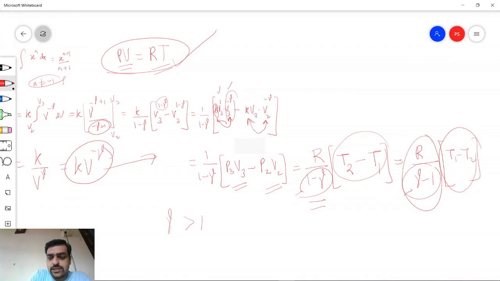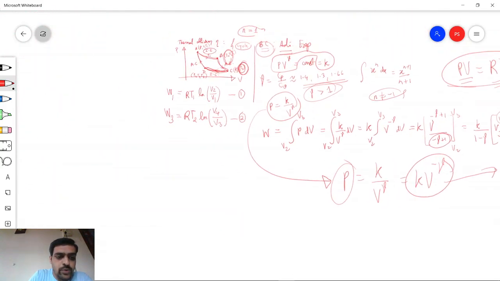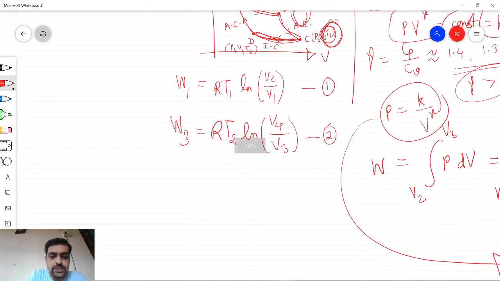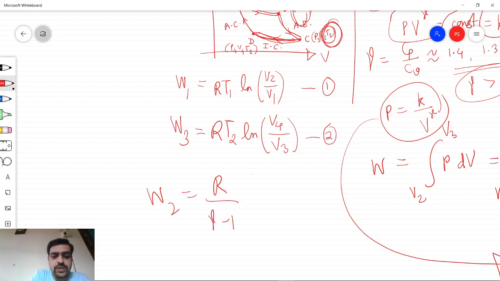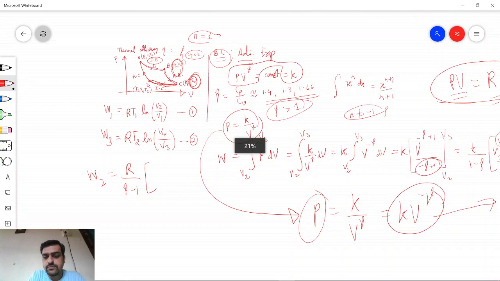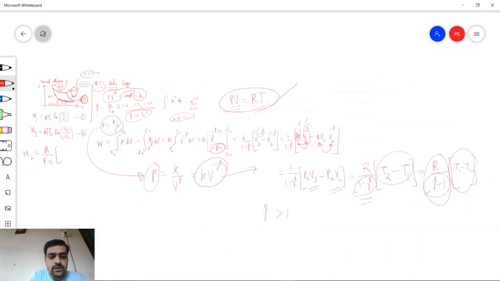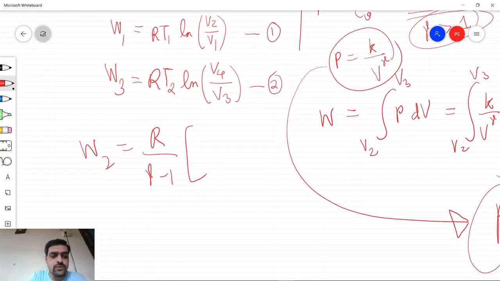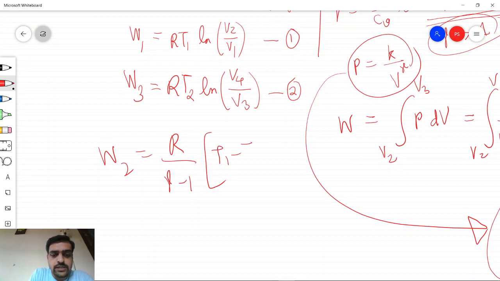So let us include it here, which is W2 is equal to R upon gamma minus 1 into T1 minus T2. This is say equation 3.